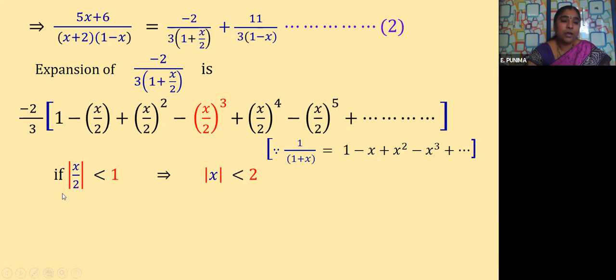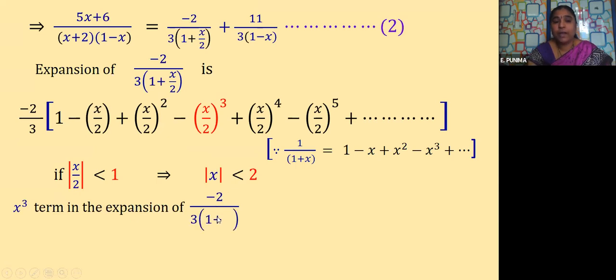Okay. Now here, let us try to find out the coefficient. The x cube term in the expansion of minus 2 by 3 into 1 plus x by 2 is, what is the coefficient of this term? What is the x cube term here? Already minus 2 by 3 is there outside. Minus into minus becomes plus 2 by 3 into, here what is the term we have, children? x by 2 whole cube.